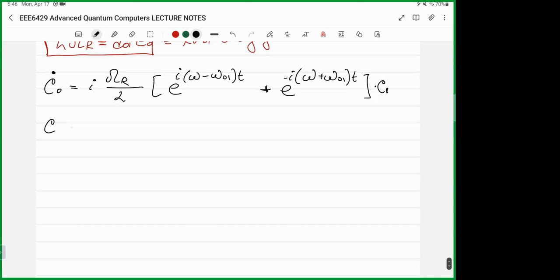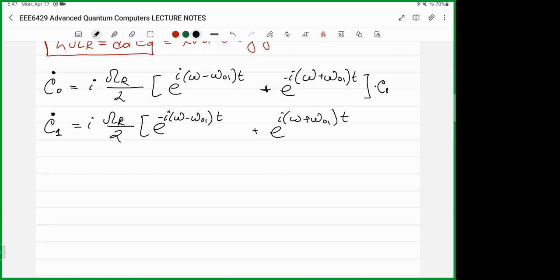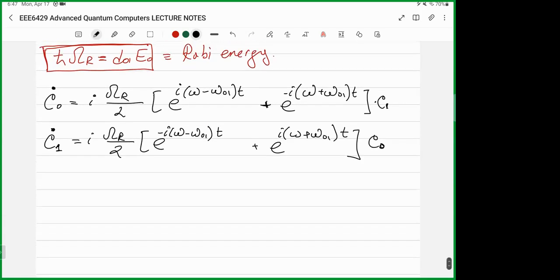And the same for the second one up to the change of the index: e to the power of minus i (omega minus omega 01) t, then plus e to the power of i (omega plus omega 01) t, times C sub 0. Okay, these two equations.